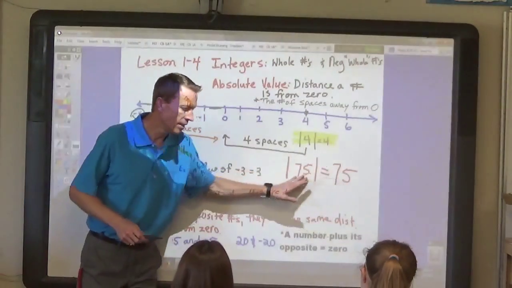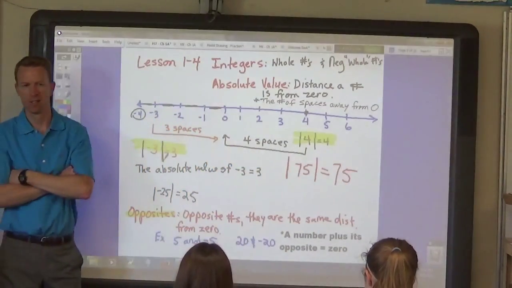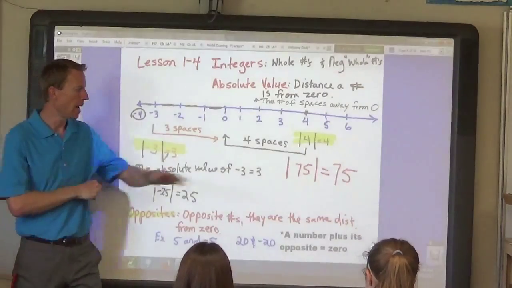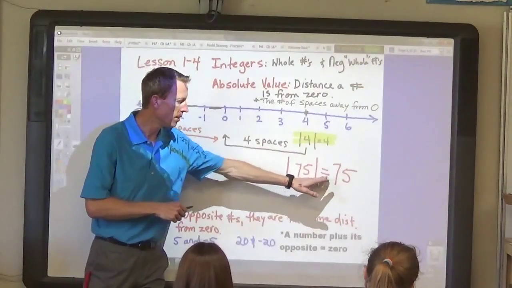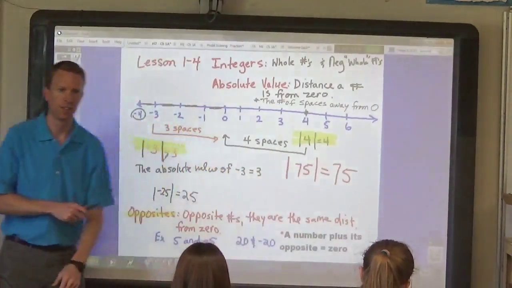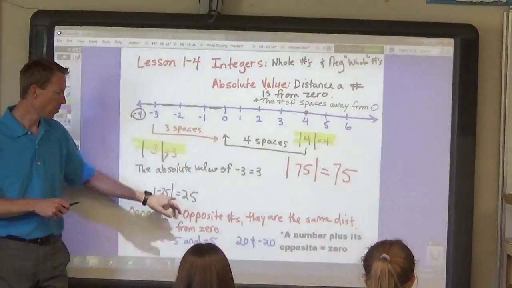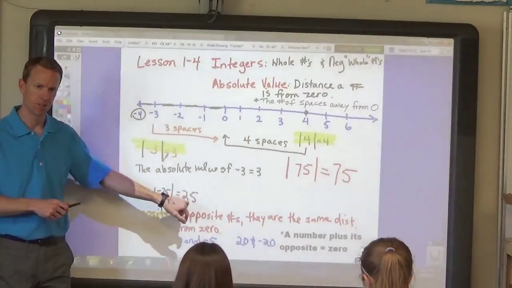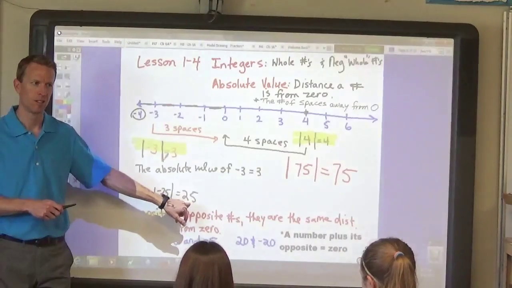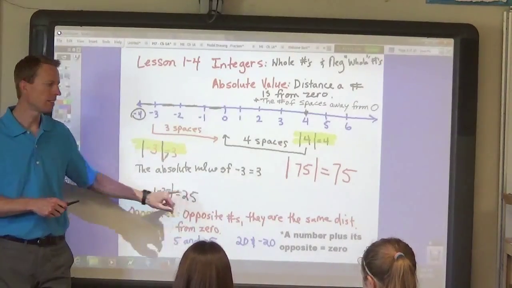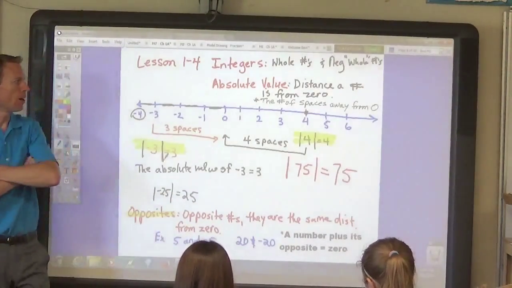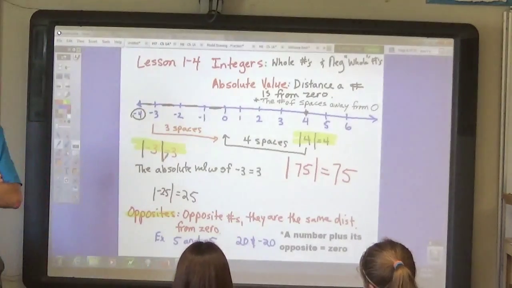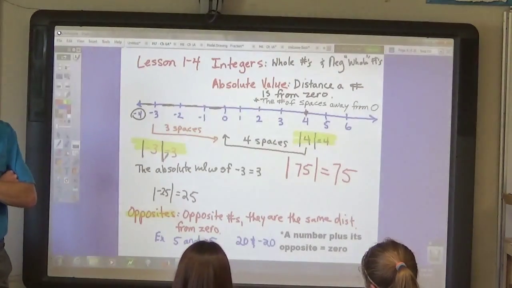So, class, these are both positive. Why? The absolute value of 75 is 75. But this one is negative and positive. Why is the absolute value of a number always positive? Garrett? Because it's opposites?